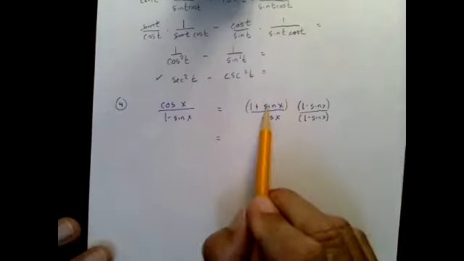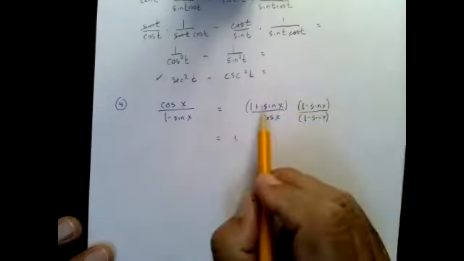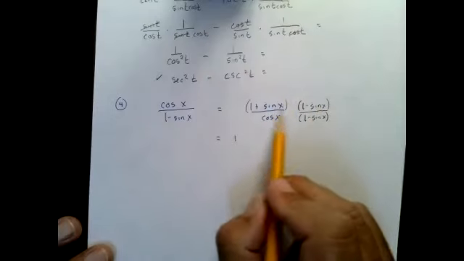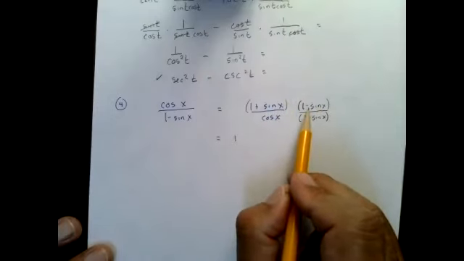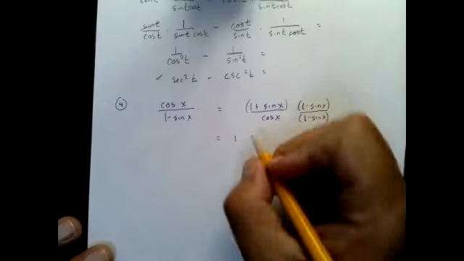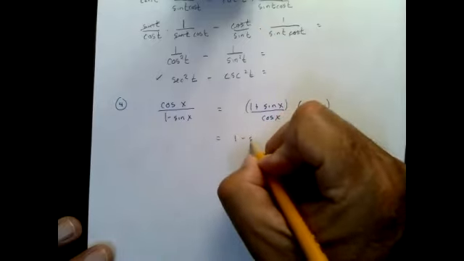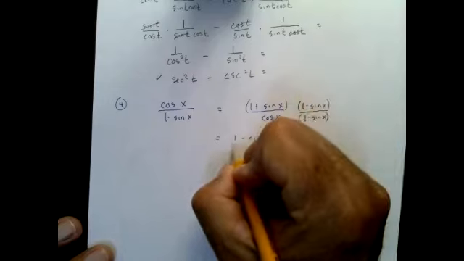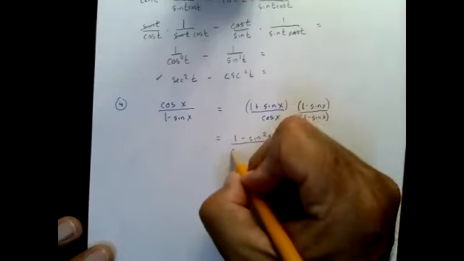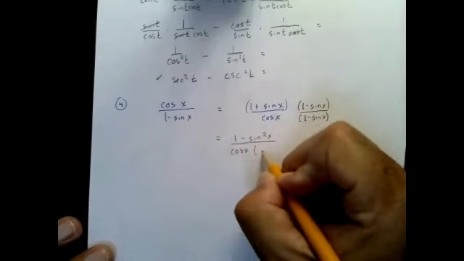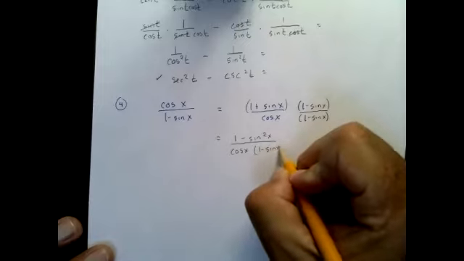Well, I have a binomial and I have a binomial. 1 minus the sine of x plus the sine of x. That's gone. 1 minus the sine squared of x over cosine of x times 1 minus sine of x.